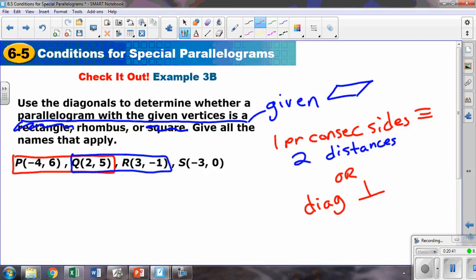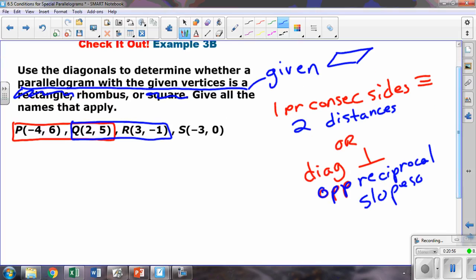Well, to get perpendicular, that's one that would need opposite reciprocal slopes, not on the sides, on the diagonals. So of course we're faced with the same decision.